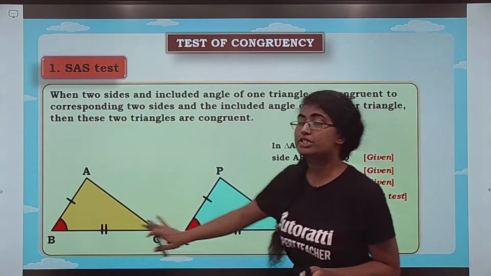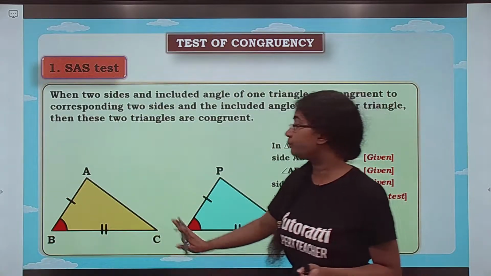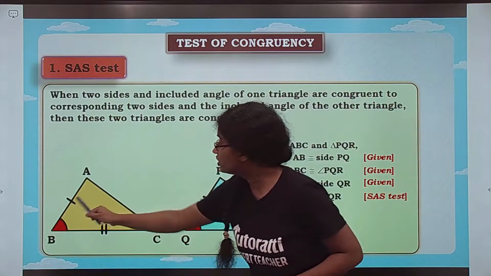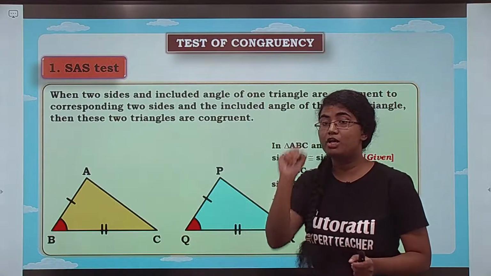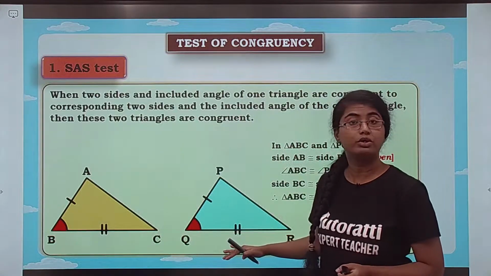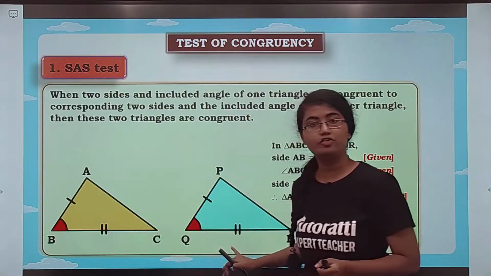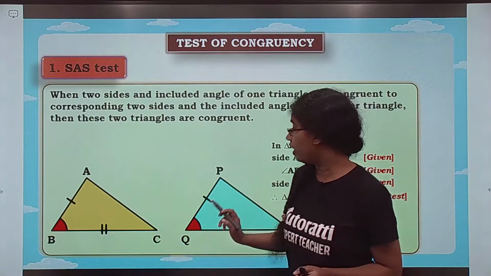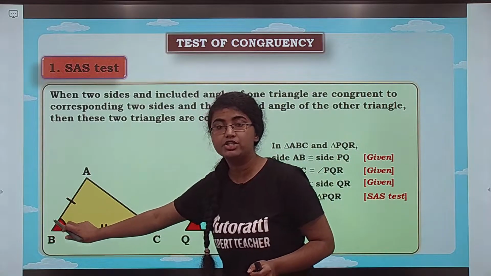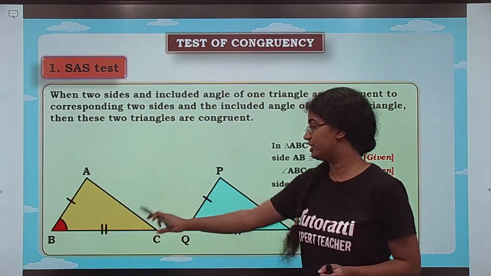In these 2 figures, ABC and PQR, AB is congruent to PQ. How do we know that? Because of the signs. Do you see the marks of congruency on both the sides? Yes. Then you can see that BC is congruent to QR, again the signs of congruency. Then the angle between these 2 sides is also congruent. That is, B is congruent to Q.